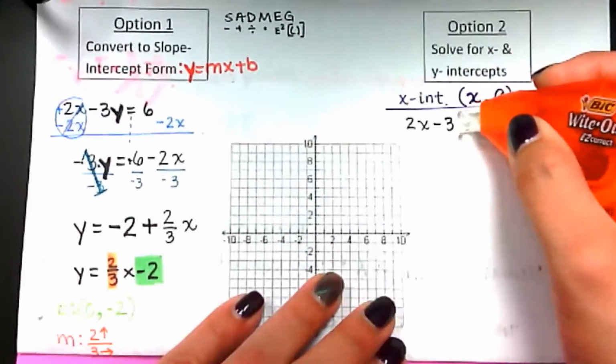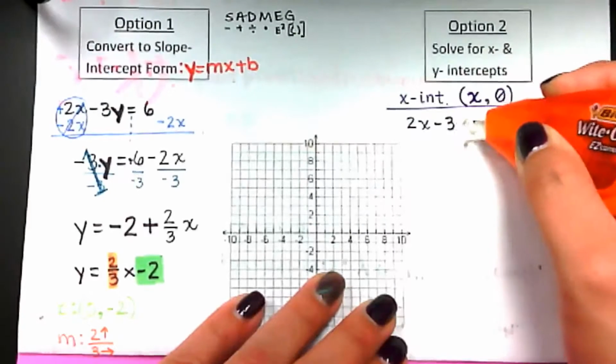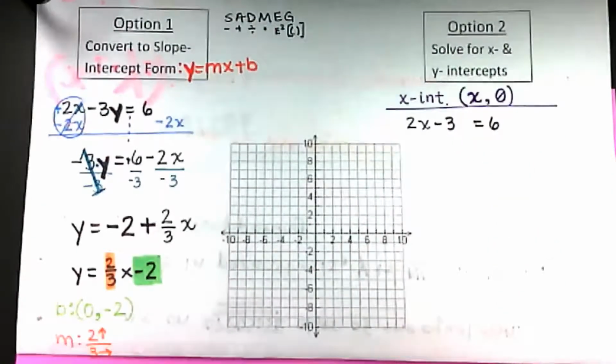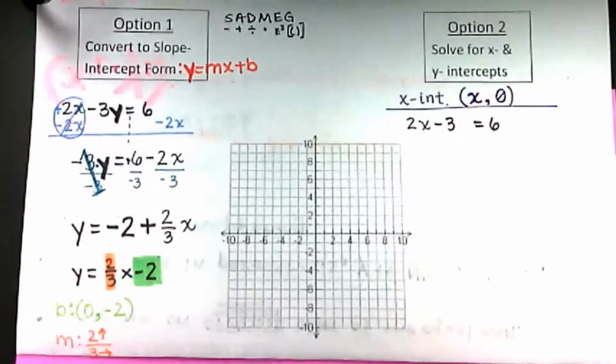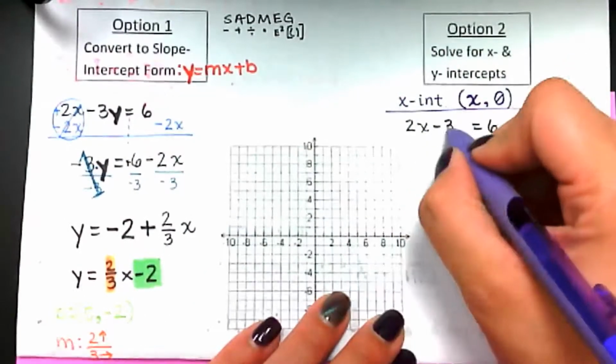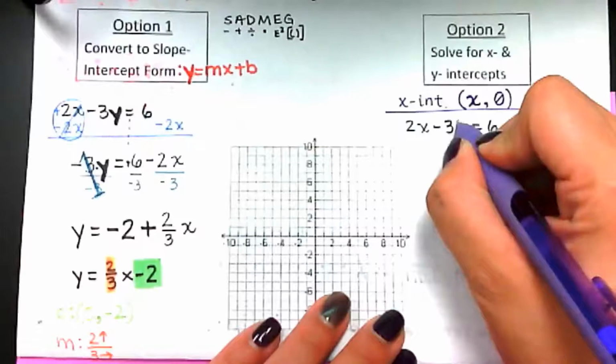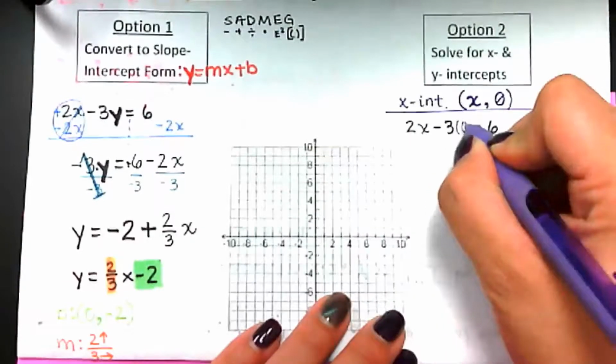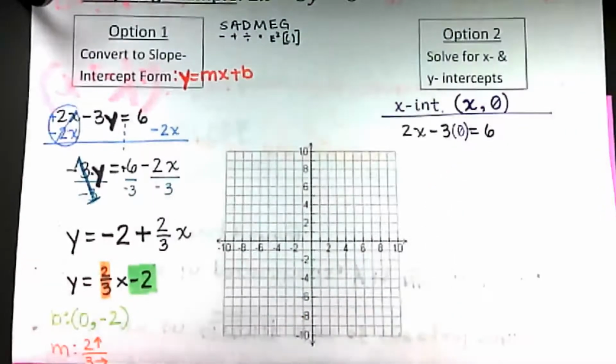Substitution. Oh, actually, sorry. We're going to substitute my y value. Duh, hello. So just like we've been substituting for the past few weeks, my 2x is going to stay there, but my 3y, my y is going to be substituted using a 0. Now, I personally love to do this because anything times 0 is, well, 0.